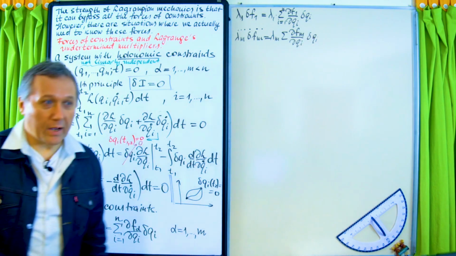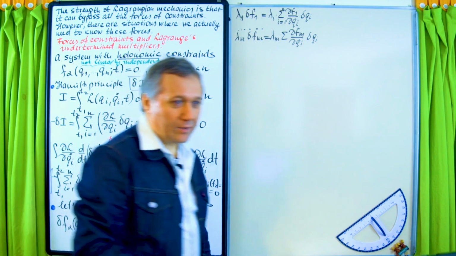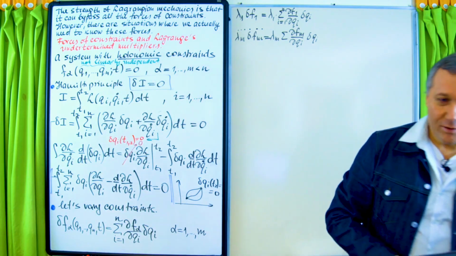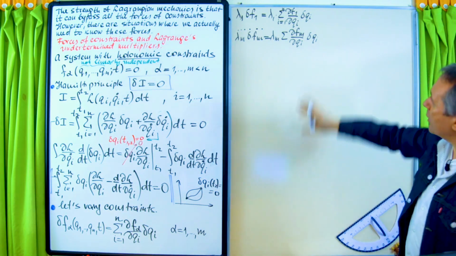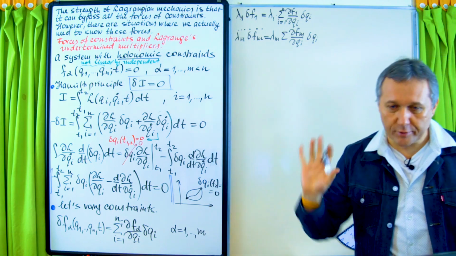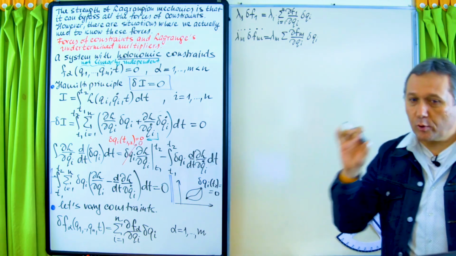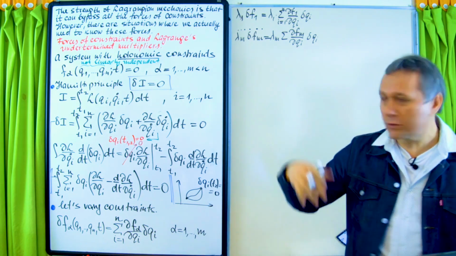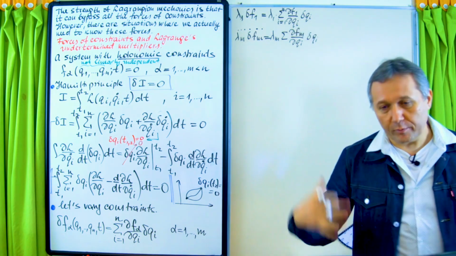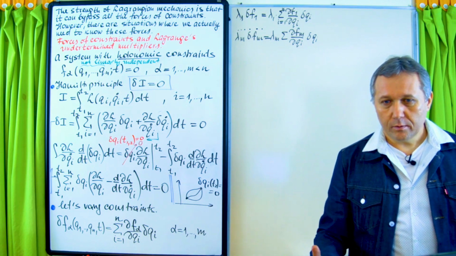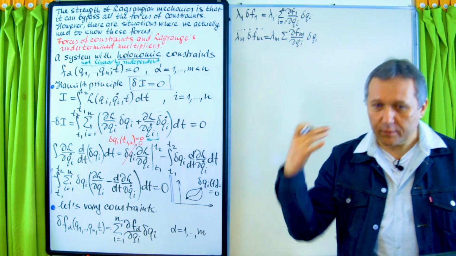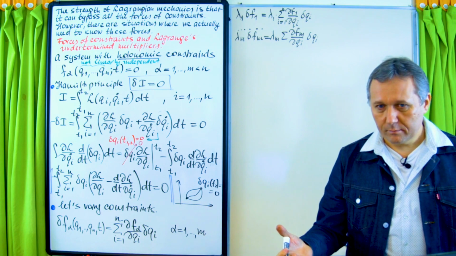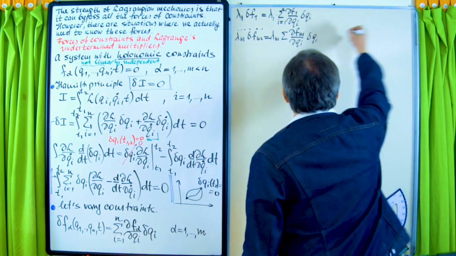So I have now introduced those Lagrange undetermined multipliers. Right now we're not imposing any restrictions on those multipliers. I'm not even saying that they're constant. They can be functions of maybe coordinates. We'll look at an example. That's why they're called not constants but multipliers. Okay, so let me write those.